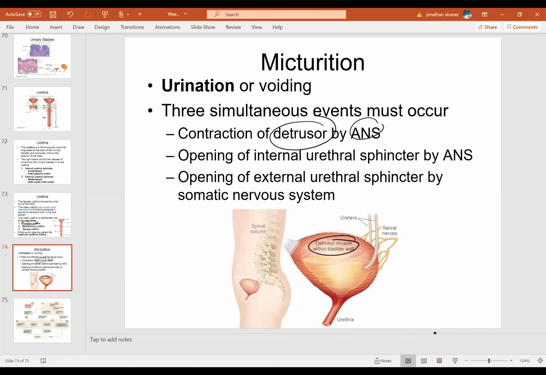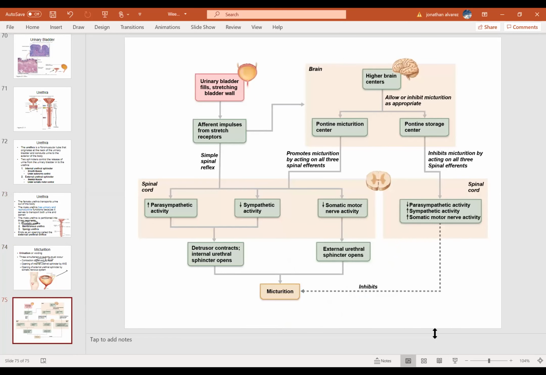The nerves do come from the sacrum, which you'll actually see a video on later. All of this that you're seeing here is going to be on a video during lab time.